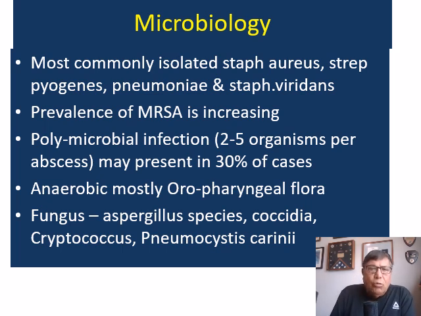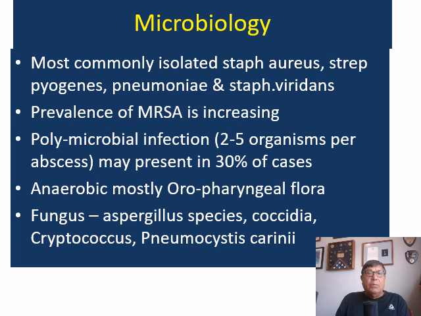As I mentioned, the most common organisms are Staph aureus, Strep pyogenes, pneumoniae, and Strep viridans. Sometimes it could be polymicrobial, meaning more than one organism may be involved.